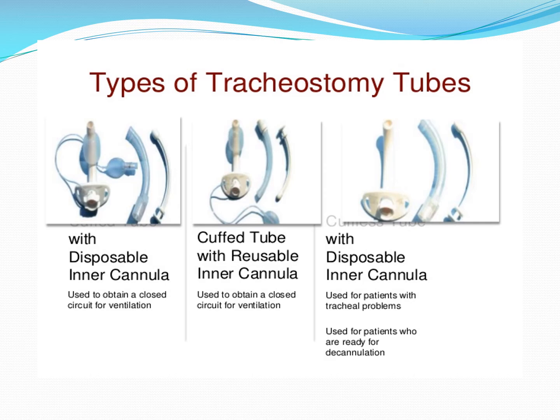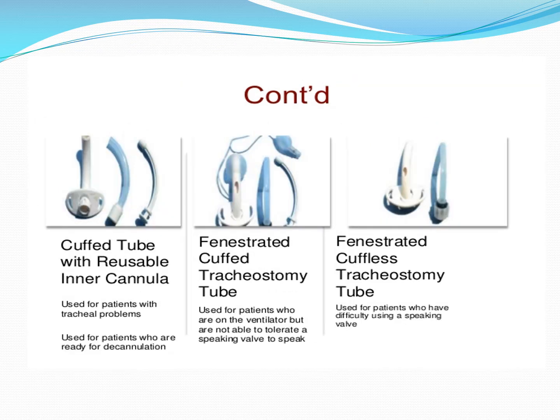Looking further at images, the left-hand image is a tube with a disposable inner cannula. The middle one is showing you a cuffed tube with a reusable inner cannula, and then all the way on the right, a tube with a disposable inner cannula. And again, just giving you a little bit of the variations that are out there.